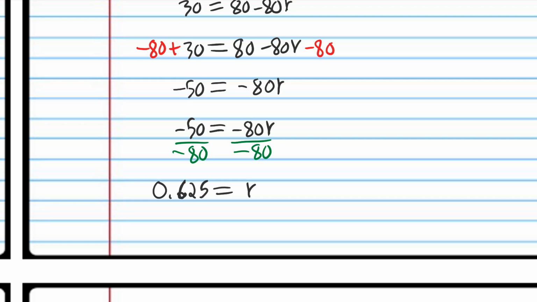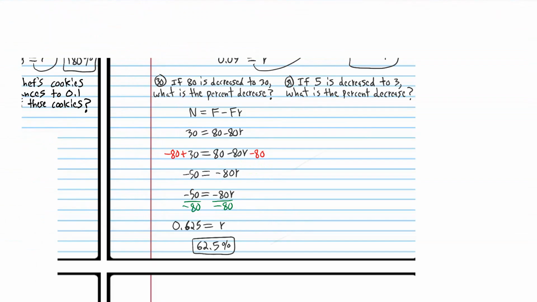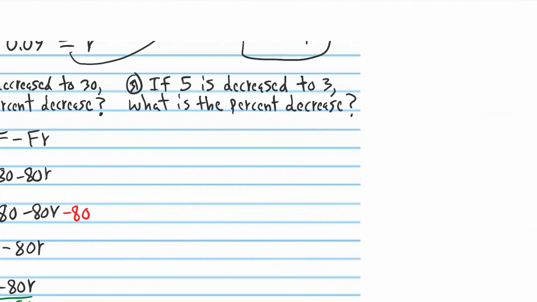Move the decimal 2 places over and you get 62.5%. So if you got 62.5%, good job. Try number 31, and when you come back, we'll do it together.